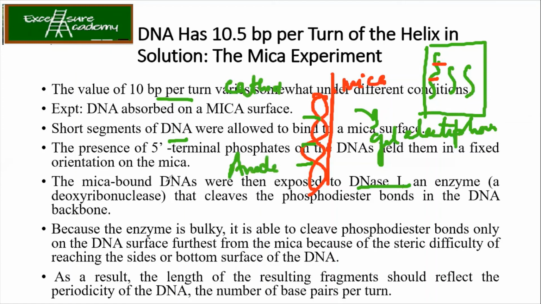When they analyzed the fragments, they saw that all the lengthy fragments are on the top and smaller fragments are on the bottom. When they calculated the length of these, they found that every time it is a multiple of 10.5 base pairs. Okay. So this is how they came to know that there are 10.5 base pairs in the helix whenever the DNA is making a turn.